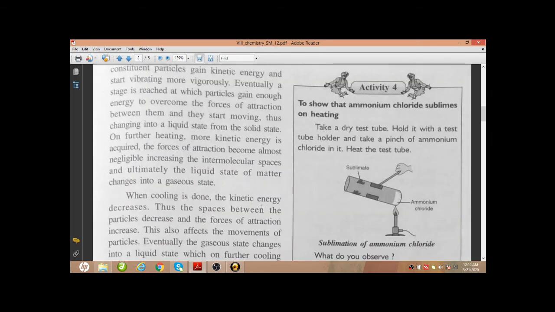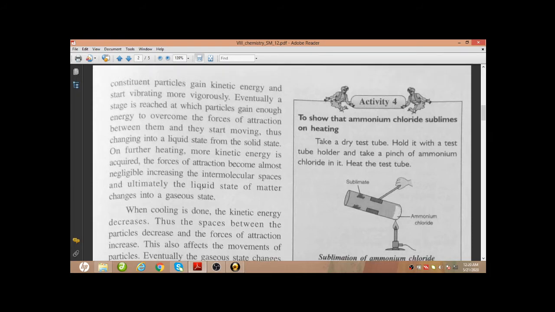So the reason behind it is that the state of matter will absorb heat, and their kinetic energy will increase, they will vibrate more vigorously, and the gaps between the particles will increase, and the intermolecular force of attraction between them will decrease, and the solid form will convert to the liquid state.